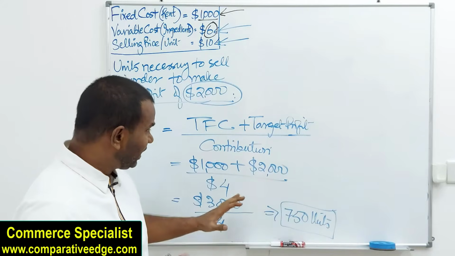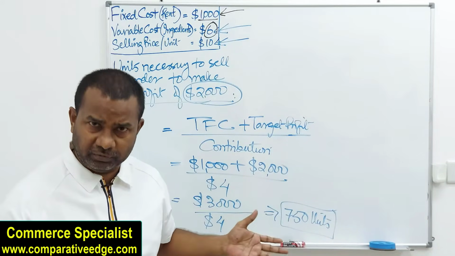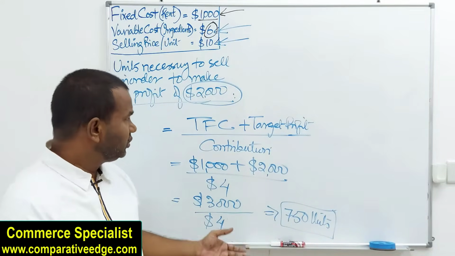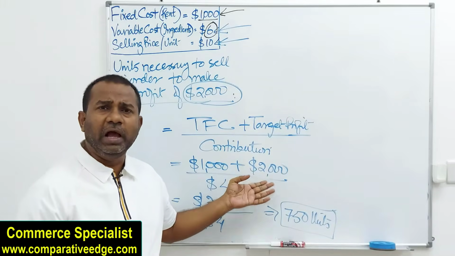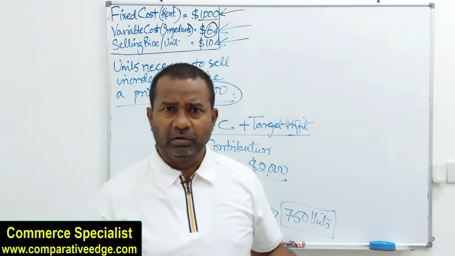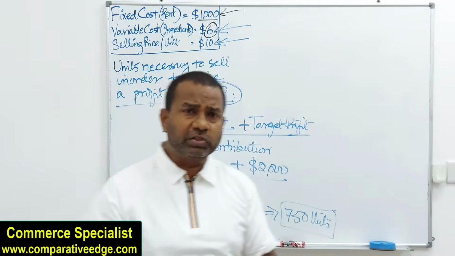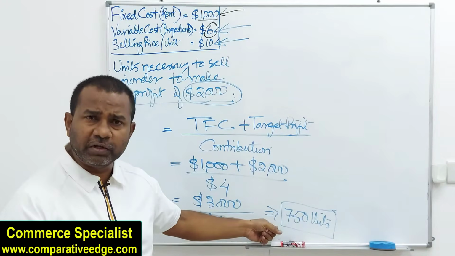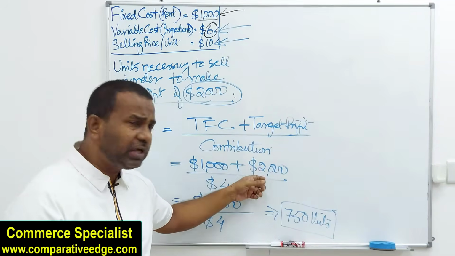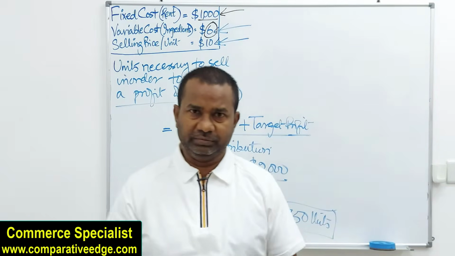So at the moment we are considering no taxation. So your profit is 2,000 and you can fulfill your commitment. As my client says, he or she borrowed some money to start a business. In the first month, if they sell 750 units, they'll be able to make a profit of 2,000 and return the money back.